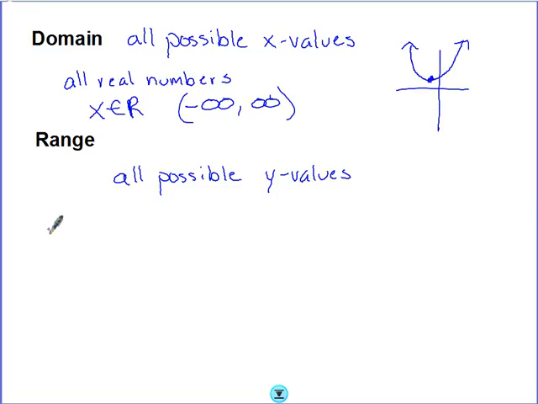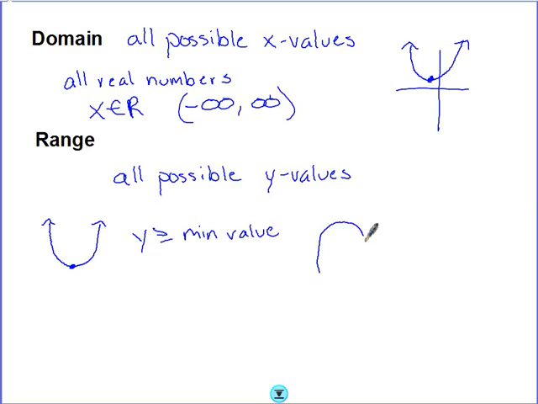Okay, so if I have a parabola that opens up, the range has to be greater than or equal to whatever the y-coordinate of this point is, and the y-coordinate of the vertex is the minimum value. Alright, so y can go up forever, but it can only go down to the vertex.